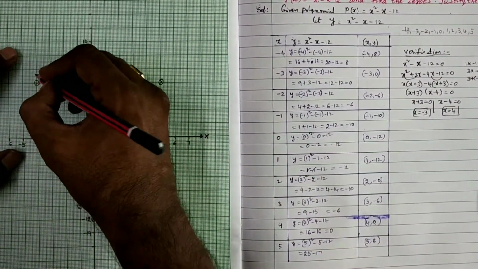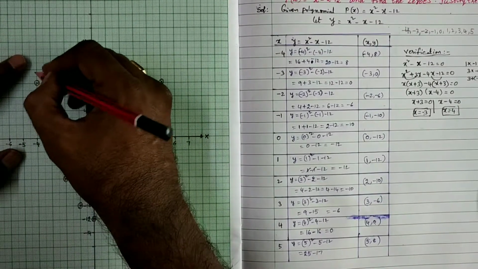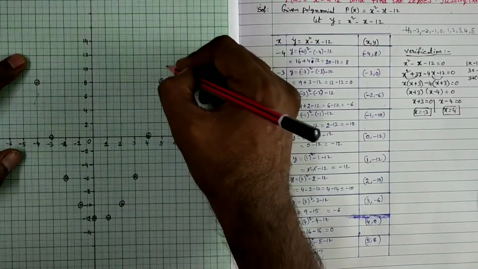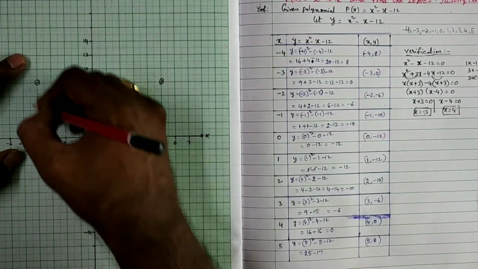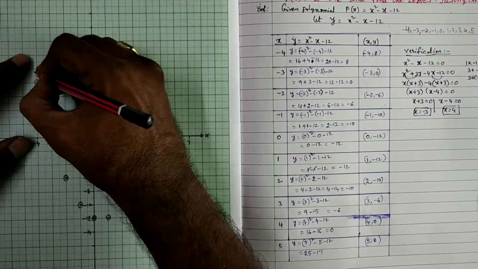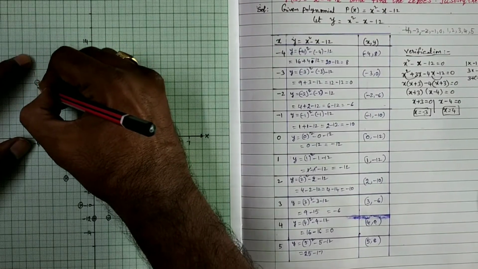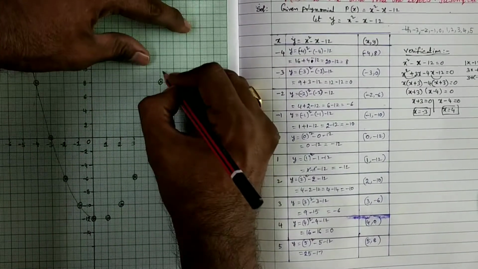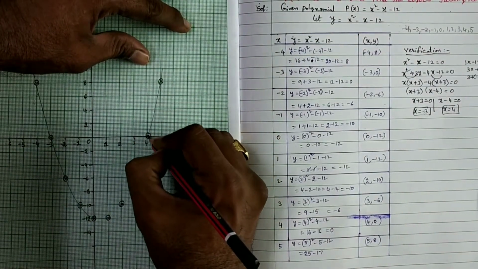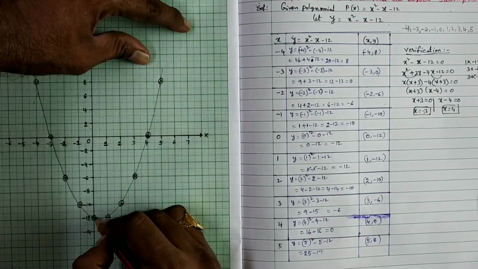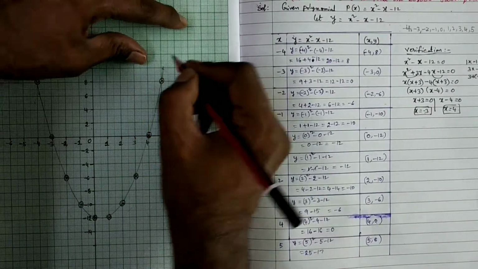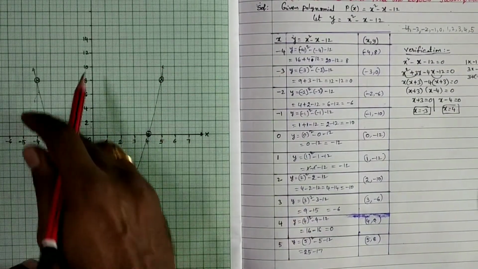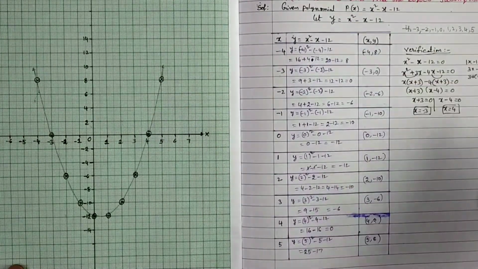Without lifting the pencil, you join. First you draw roughly without touching the graph, and after that you draw neatly. So this is the graphical representation of this given polynomial.